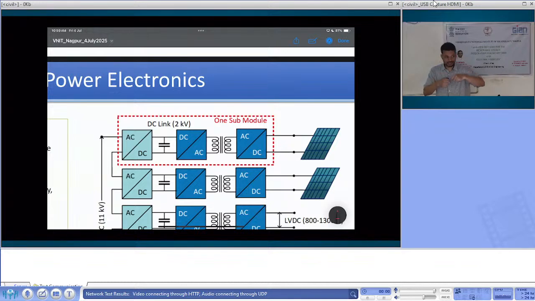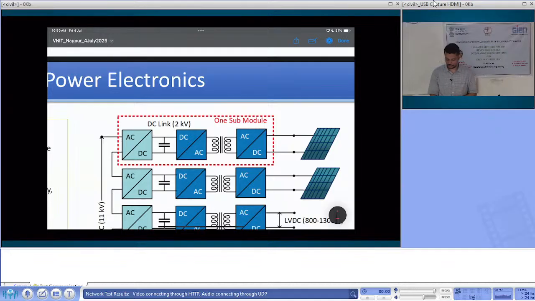The problem is that each panel has an isolation rating, right? So a panel, 2 terminals with respect to earth can go maximum 1 kV, right? So you cannot connect them in series any number you want, right? Therefore panel string is still limited to 1000 volt, and from there if you want to step up, you can use high frequency transformer to step up as well as to provide isolation.